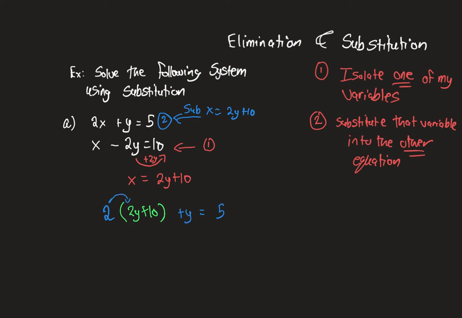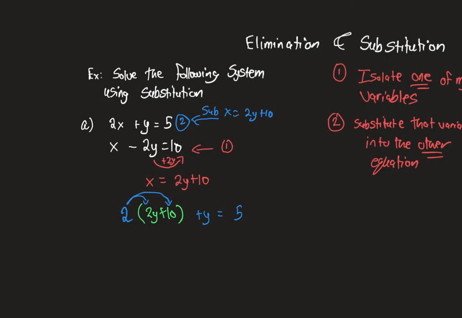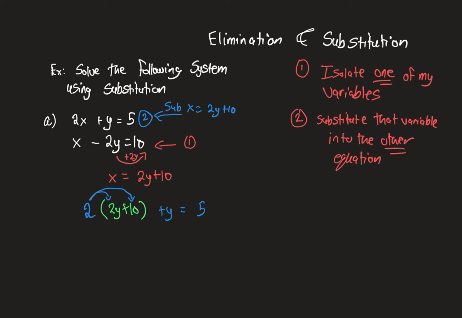2 has to multiply by the 2y and by the 10. If you have trouble with this, make a tally. So you can do a tally on the side. 2 has to multiply by 2y, and 2 has to multiply with 10. Okay, so that's going to give you 4y plus 20 plus y is equal to 5.